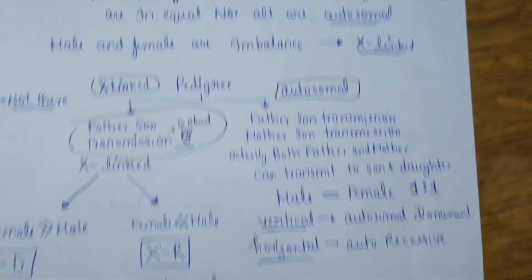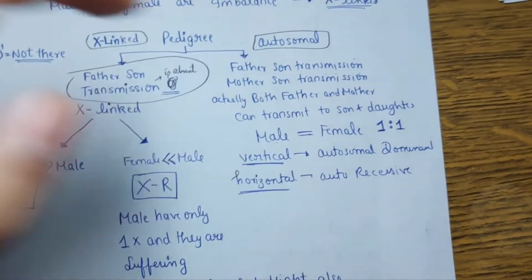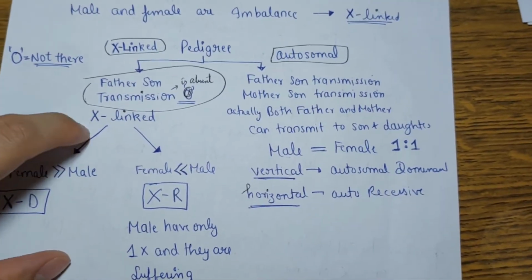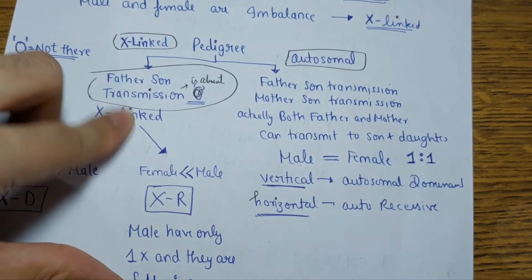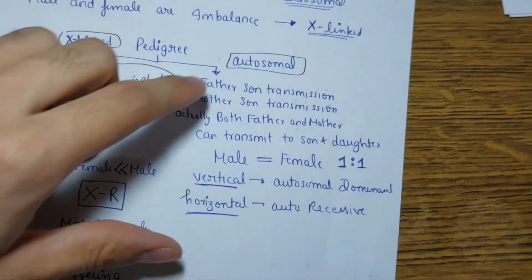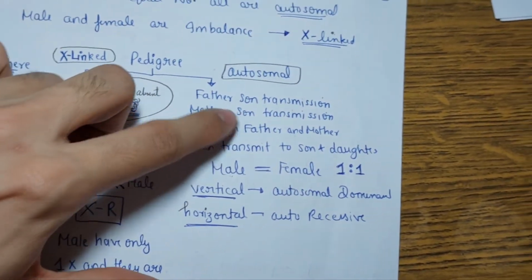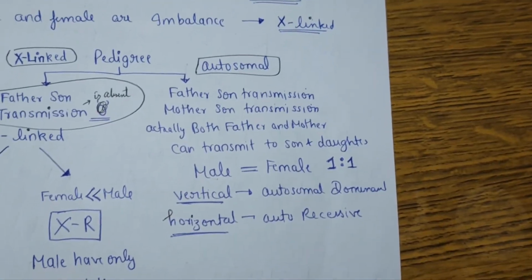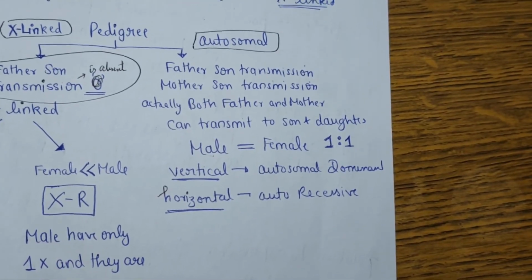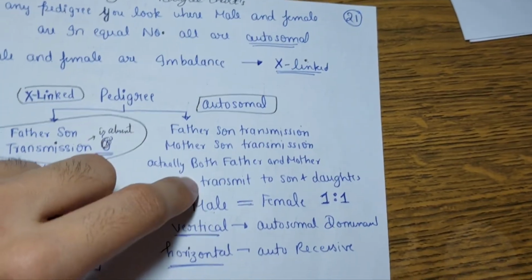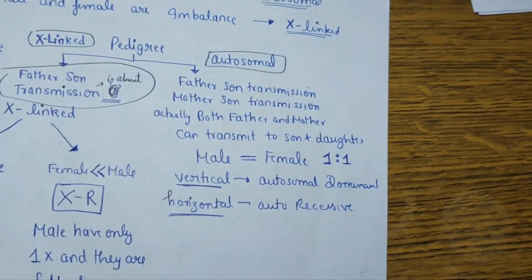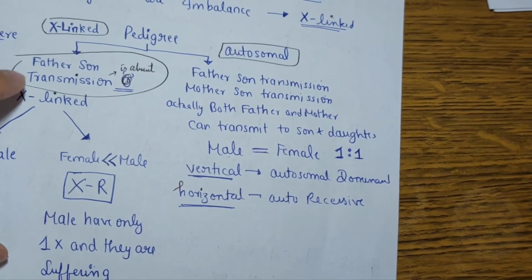If there is no father to son transmission, we understand this is X-linked transmission, whereas in autosomal transmission there is father to son transmission as well as mother to son transmission, and the male to female ratio is equal. In X-linked, unequal numbers of males and females are affected and there is no father to son transmission.